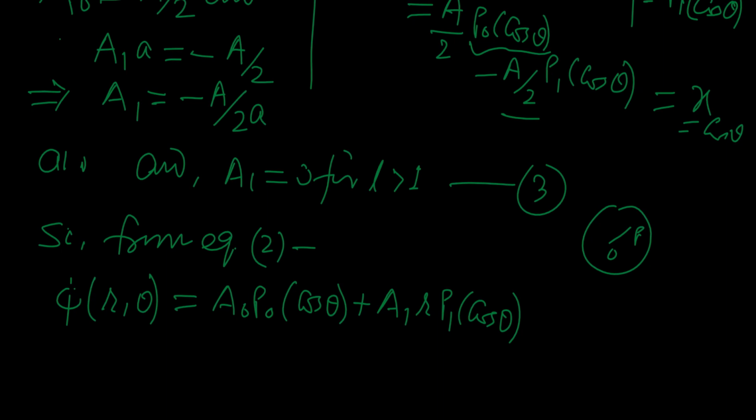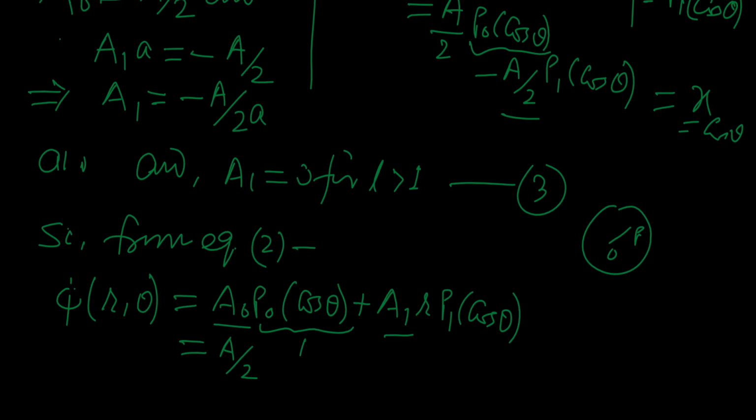Now substitute the value of A0 and A1, which I have found in the above calculation. You see A0 is in fact A over 2, and P0 of cos theta, you know, is 1. So this is simply A over 2.